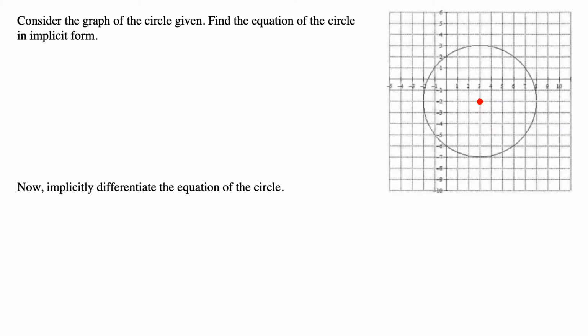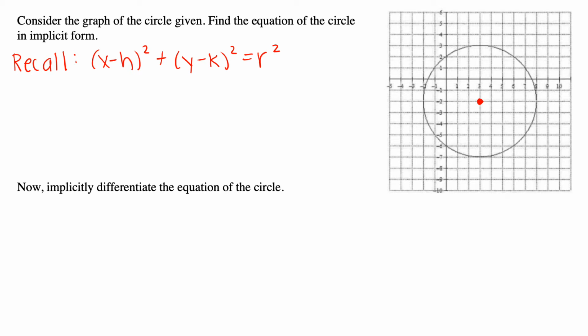Okay, so let's consider the graph of the circle that we have given. The first thing we want to do is find the equation of the circle in implicit form, meaning we don't need it to say y equals. So let's first recall our general equation of a circle as (x minus h) squared plus (y minus k) squared equals r squared, where our center is (h, k) and our radius is r.